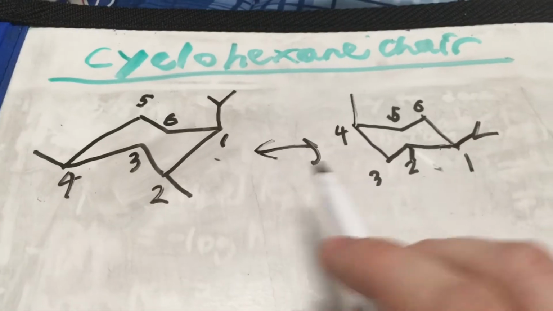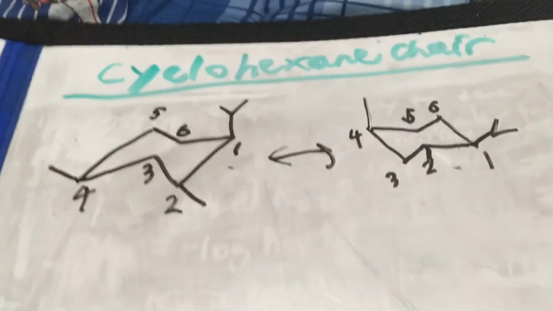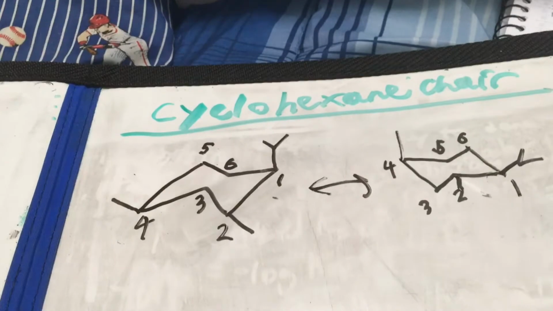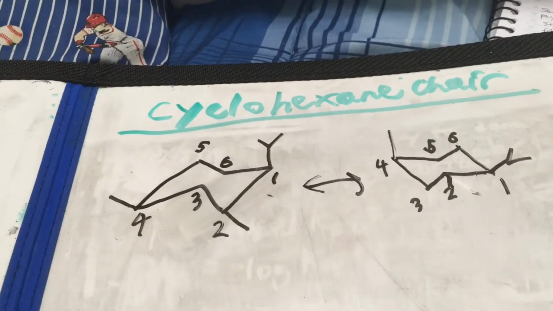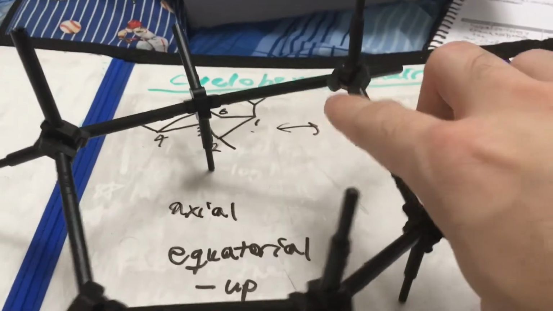And I put this double-headed arrow because it switches back and forth 100 times per minute. And that's pretty cool. And so you can use the model to help you when you're trying to form the structure. You kind of look at it like this, and you picture this is 1, this is 4, up tip, down tip, and then you just switch it.